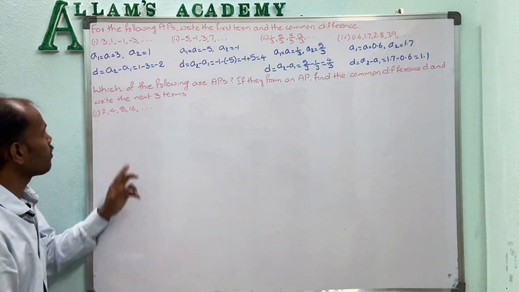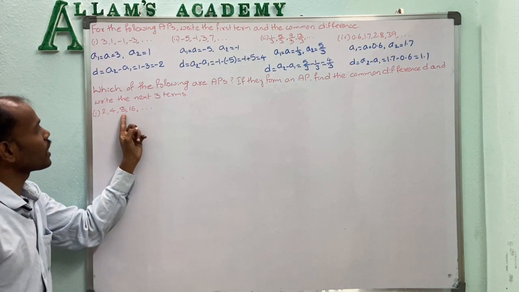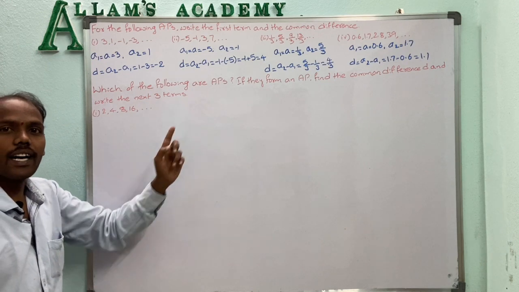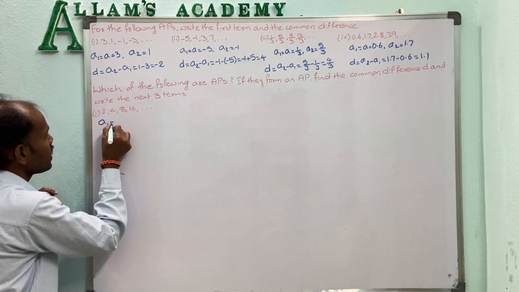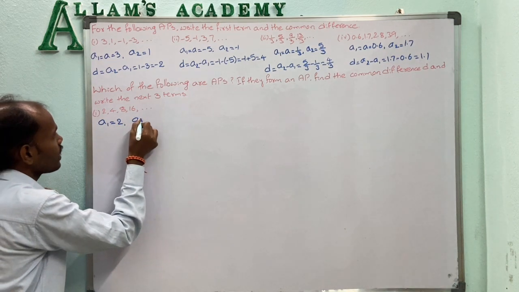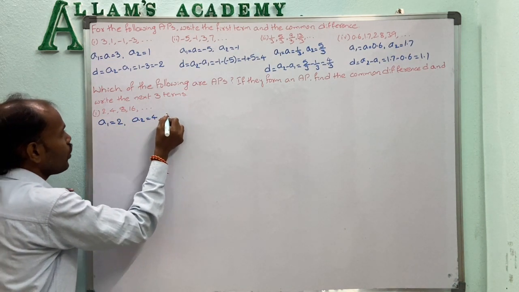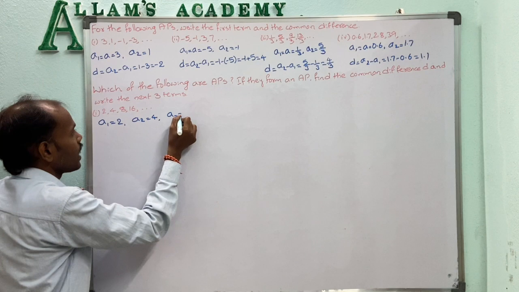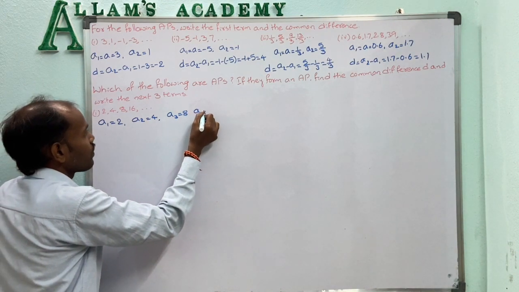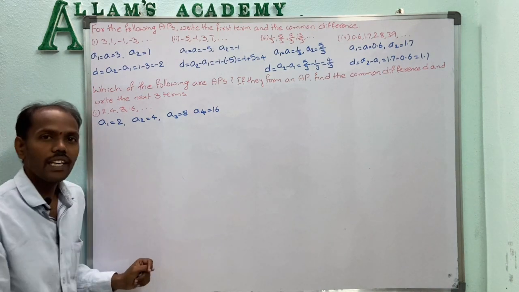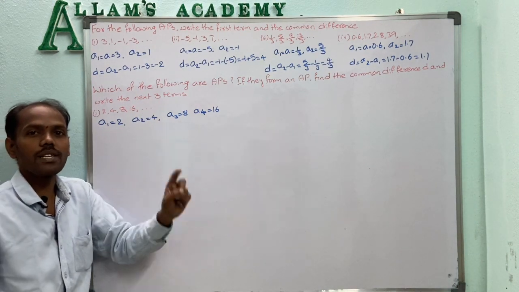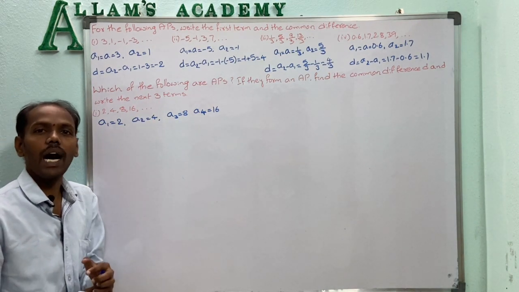Okay, now the given problem 2, 4, 8, 16, and so on the series. Now in the series the first term A1 is equal to 2, second term A2 equal to 4, third term A3 equal to 8, and the fourth term A4 equal to 16. Now whether it forms AP or not, we have to find the common difference.